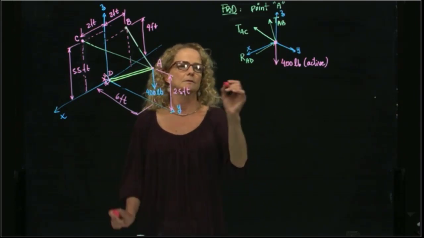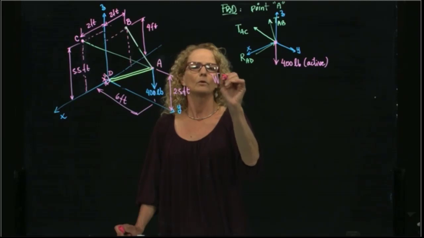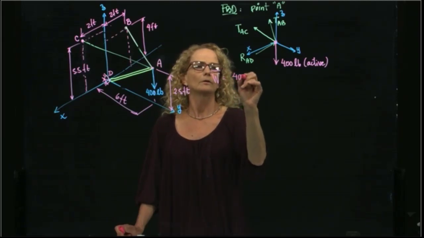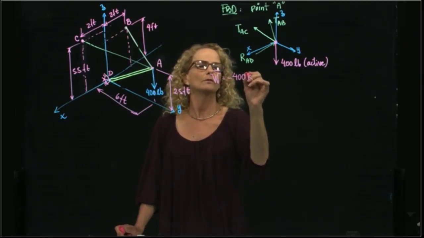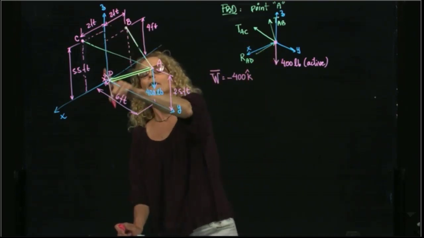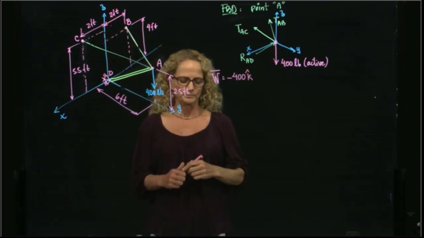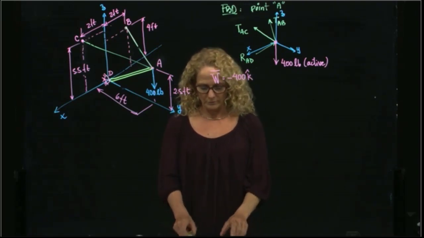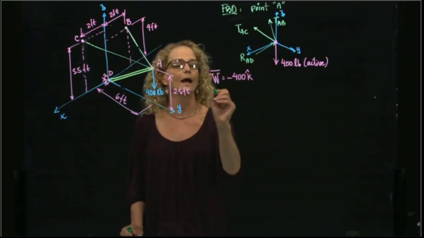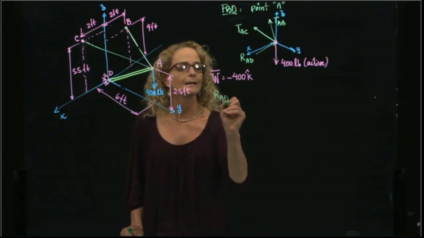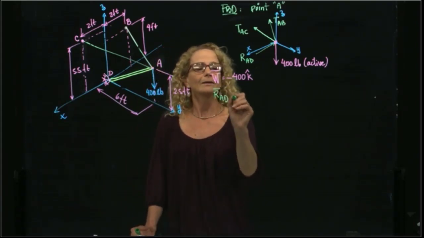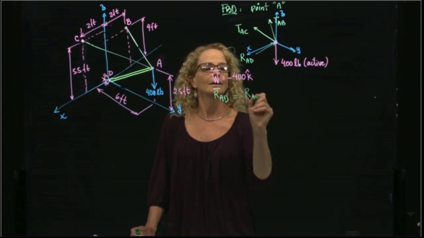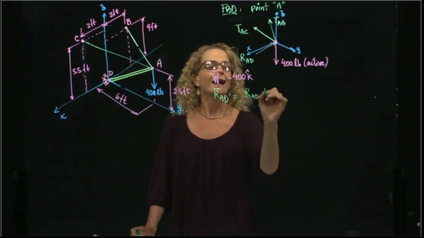The first one, the weight, is always very easy. This vector is 400 pounds in the negative direction of k, because k is my vertical direction. Then I have to find the direction for the reaction AD. That reaction has a magnitude and a direction.